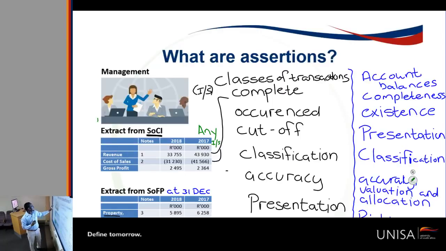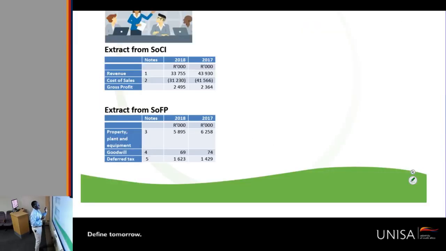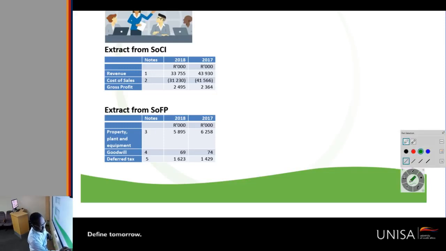We have said that our assertions are what management claims about the financial statements. What our substantive procedures are there to do is to address all these assertions that we have now identified. This slide is not showing 100% like it should, but I will just write everything. So we have our assertions here, which are our classes of transactions assertions.